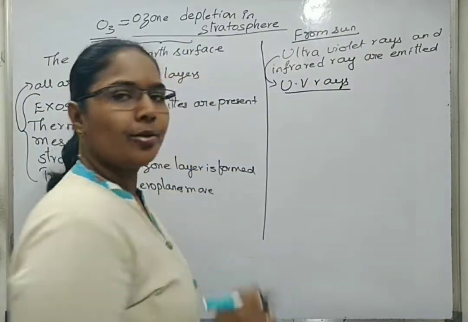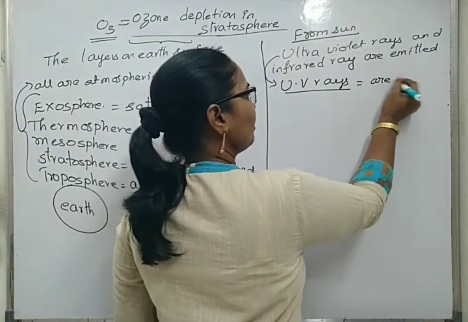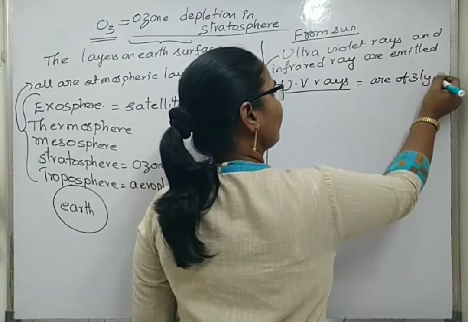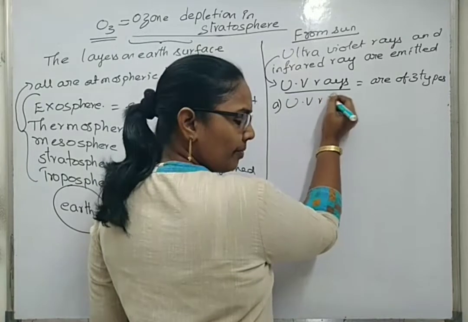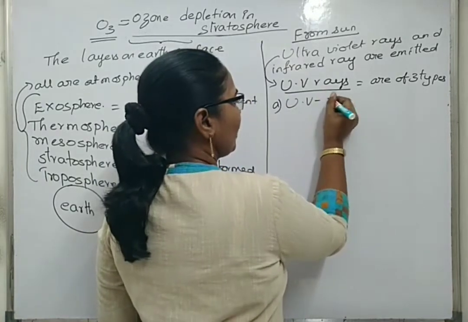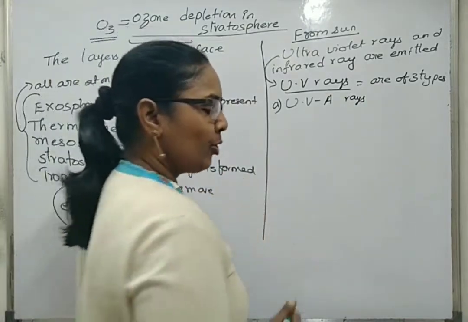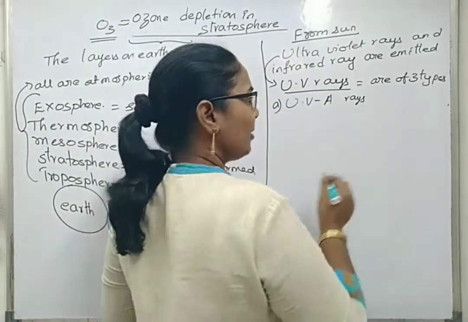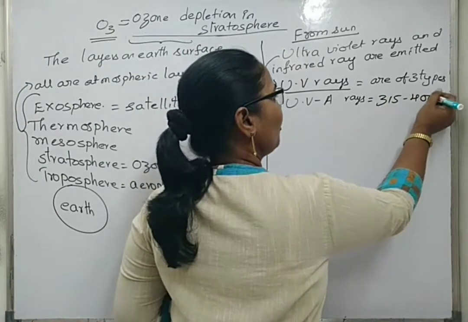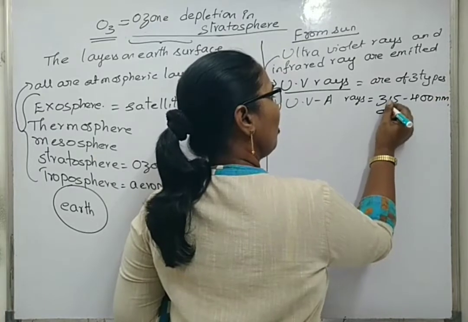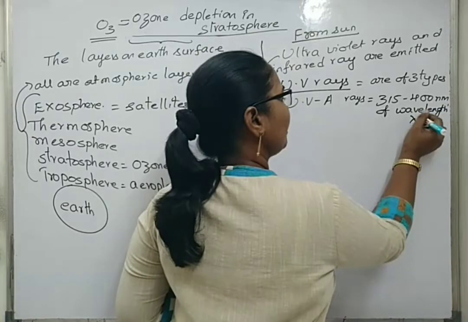These UV rays are of 3 types based on the wavelength. First one is UVA type of rays. These exhibit a wavelength of 315 to 400 nanometers. We write wavelength in the form of lambda.